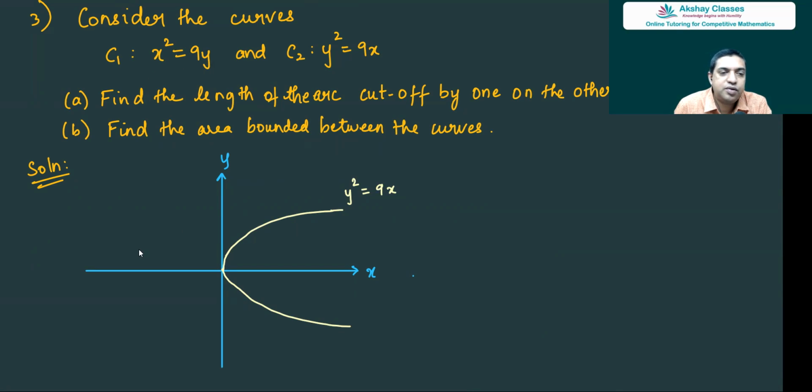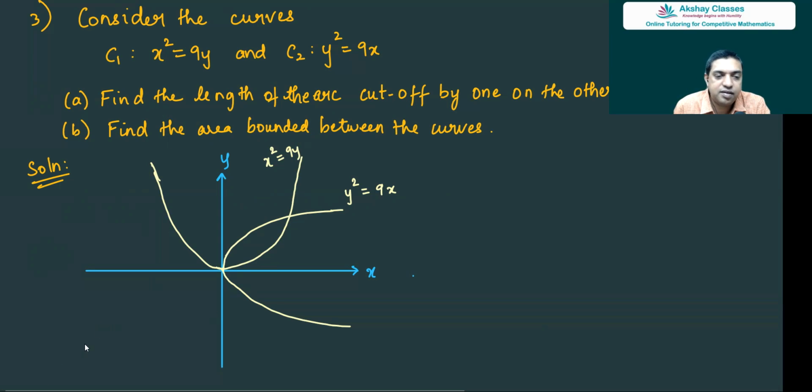Now x square equal to 9y will be this. The same type of parabola, just rotated by 90 degrees. So this is x square is equal to 9y.